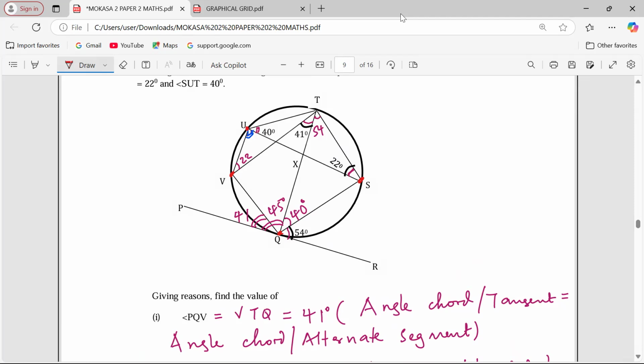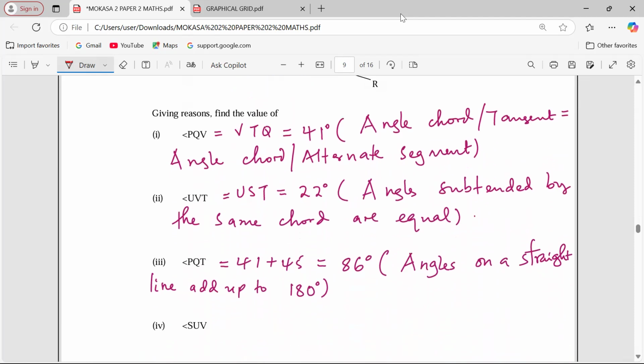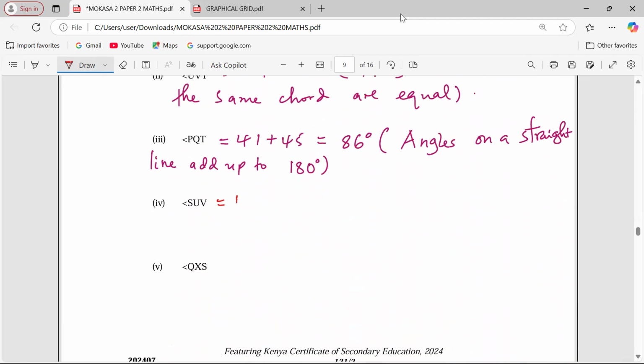Therefore, for us to get SUV, we must get the whole of this angle at Q, which is 85, 45, and 40. Then we subtract it from 180. So this should be 180 minus 85, giving us 95, I think. Yeah, 95 degrees.